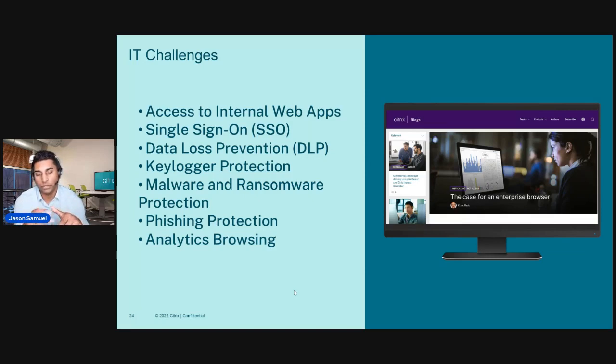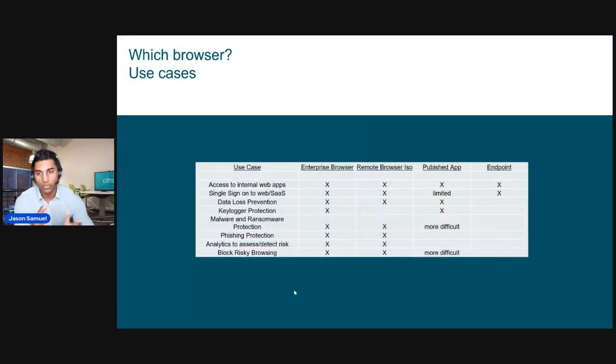So these have traditionally been challenges for the environment, and even with the published app, you may not have been able to get all this. So Citrix, we have the enterprise browser, which gives you pretty much everything I just said. We also have the remote browser, which is like a service that gives you a lot of those things, minus the keylogger protection. And then we have the published app, which is what we do through Web Studio today, right?